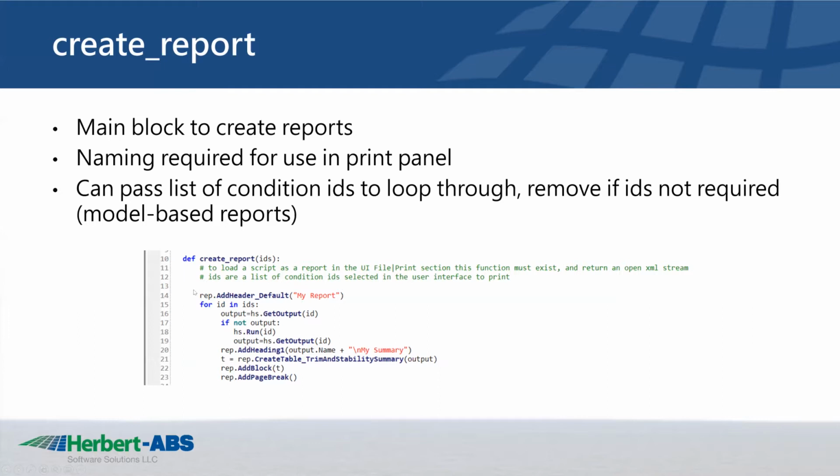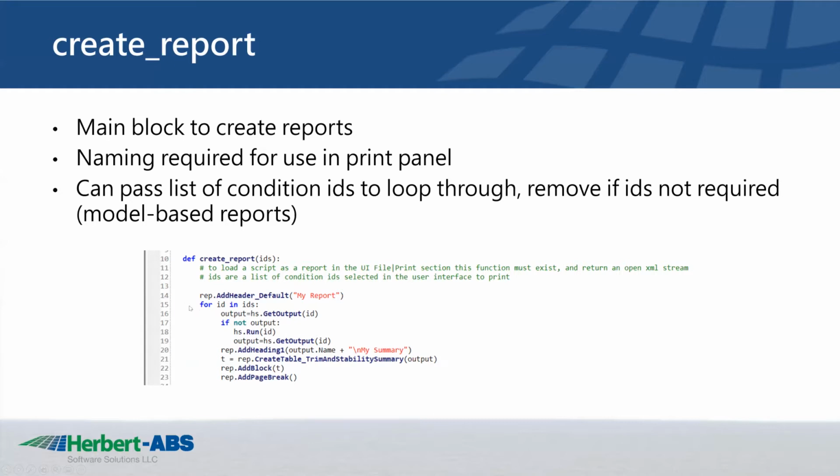And we'll just take a look at what this very simple report script is doing. Within the create report, the very first step is we're adding a header to our document. This is just our add header default, which adds some license information and program information, which we think is important, and gives it a title of my report.